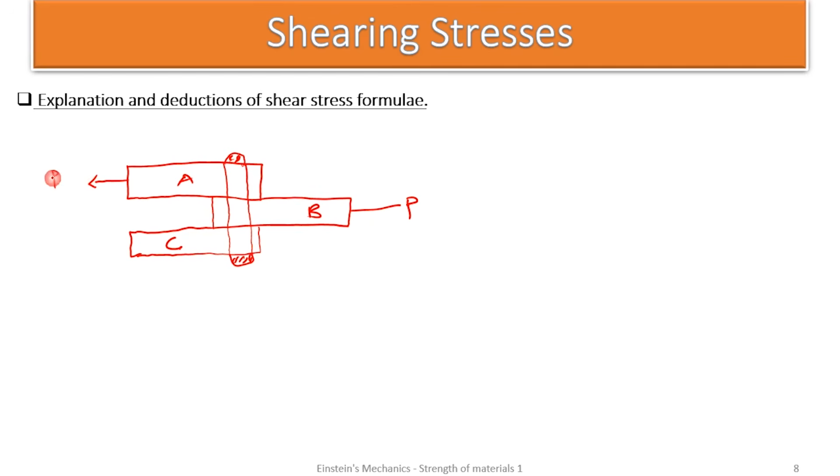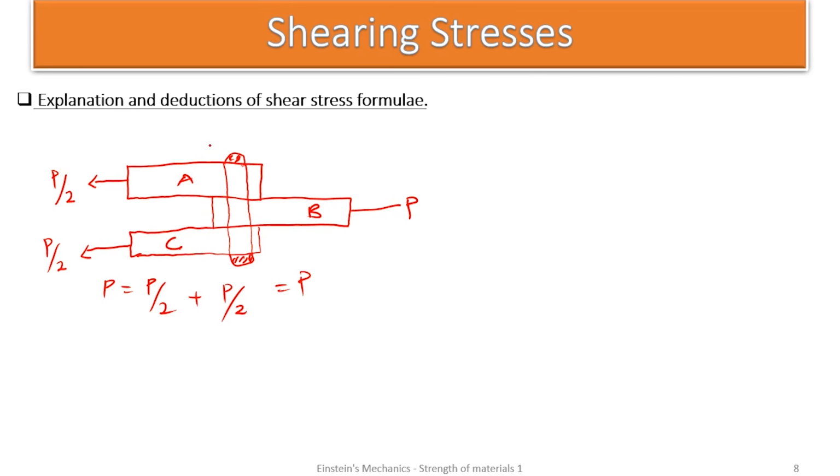This is going to be P on 2. From equilibrium, this will be P on 2, such that this force P will be equal to P on 2 in the opposite direction plus the other force P on 2, and it's still going to give us P to balance this bar.